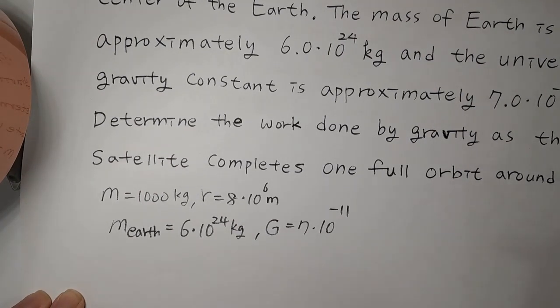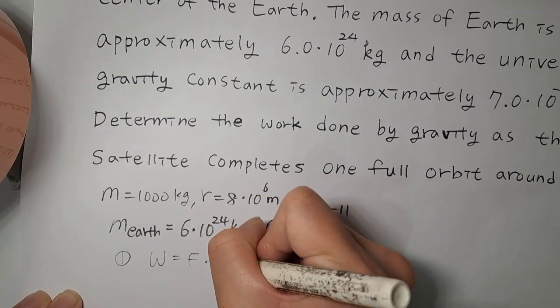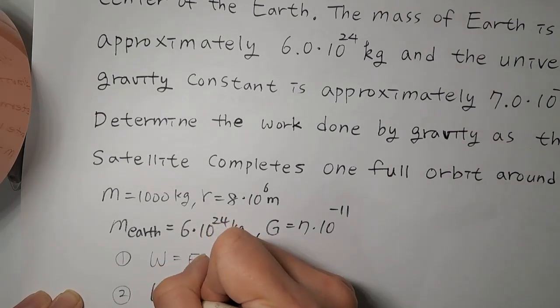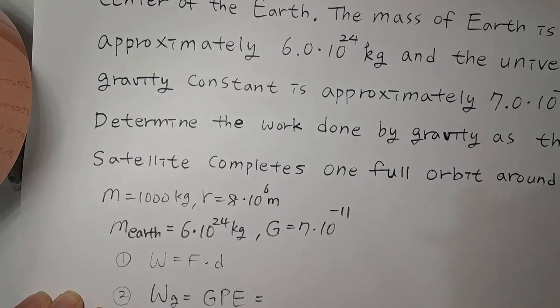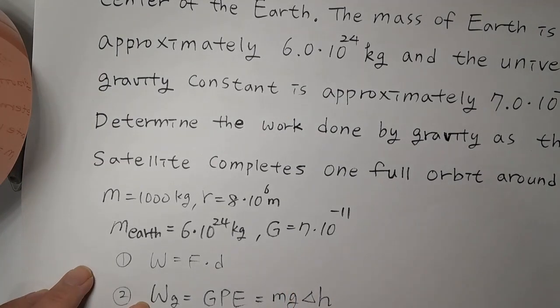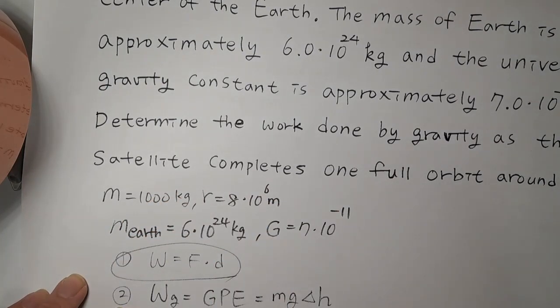So we can find this by using two methods. First is finding this by using the work, and the second is finding this by using the gravitational potential energy. So first, the force and displacement method.